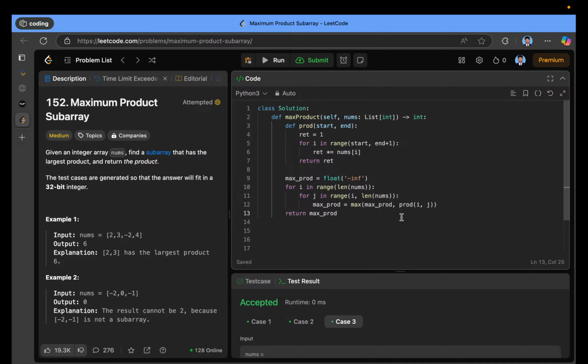So now what can we do to solve this question? I have to find the largest product. The real problem is if you find any number that has minus. So what should I do? 2 3 minus 2 4.